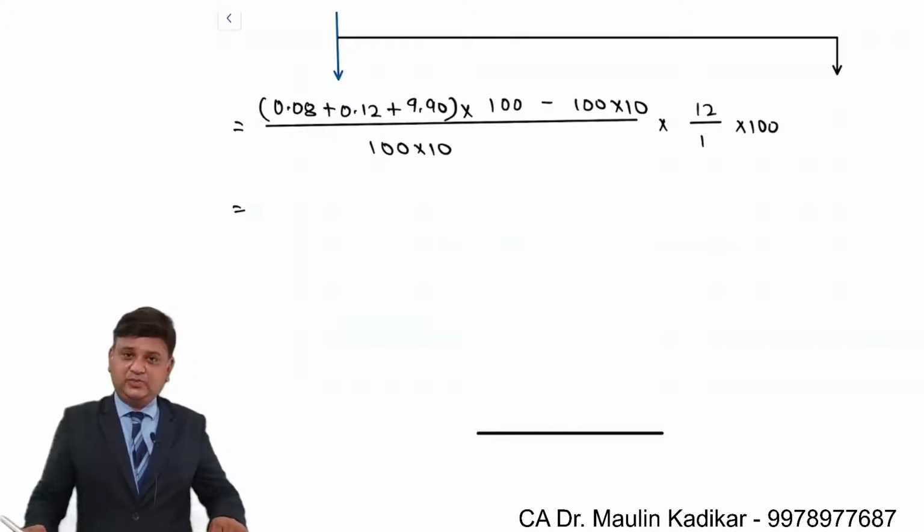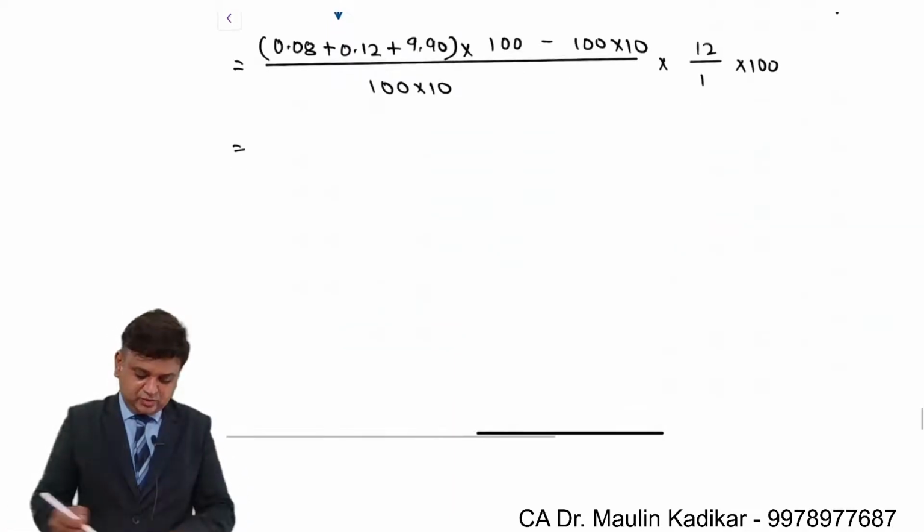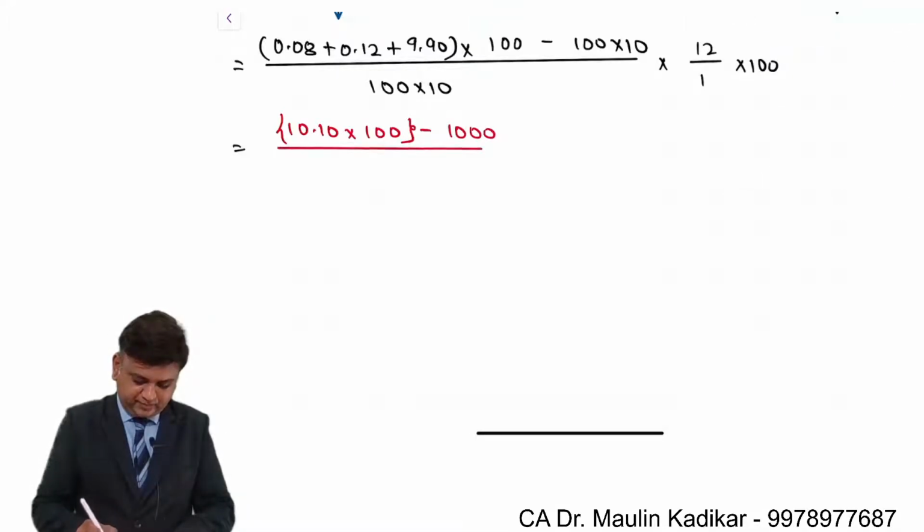So 8 paise plus 12 paise, 20 paise, plus 9.9, that comes to 10.10 into 100 minus 1000, divided by 1000 into 12 divided by 1 into 100.